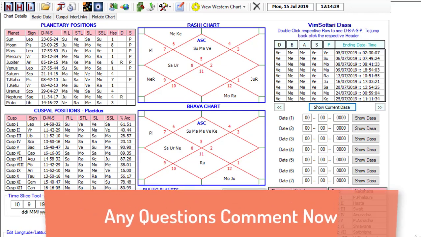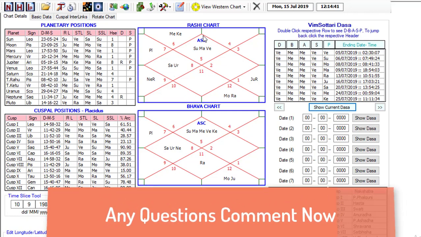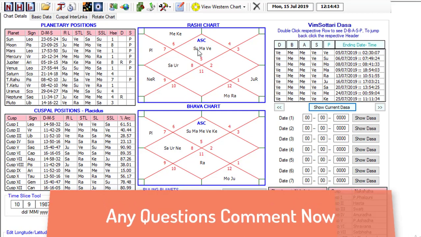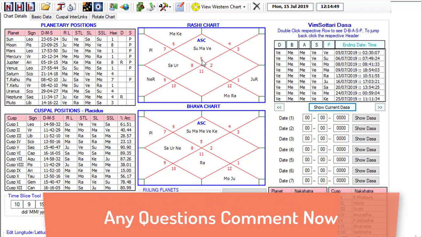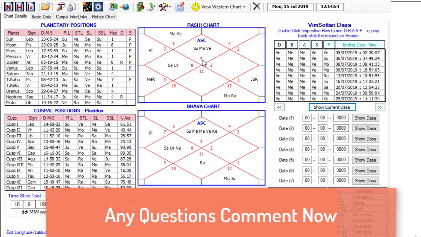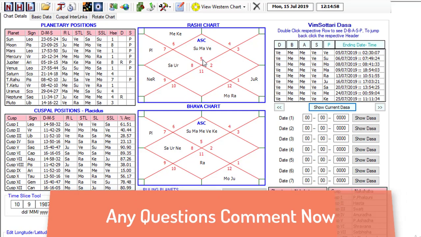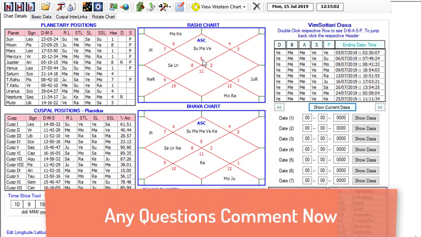Let's say this is Sun, SU represents Sun. This is also the first house, and also the fifth sign, which is Leo. So that means Sun is in Leo sign.